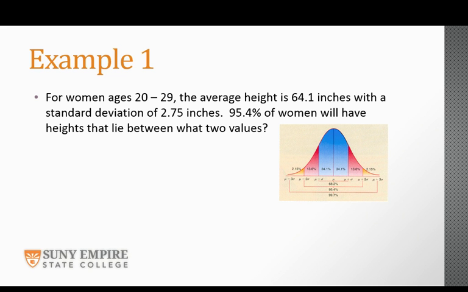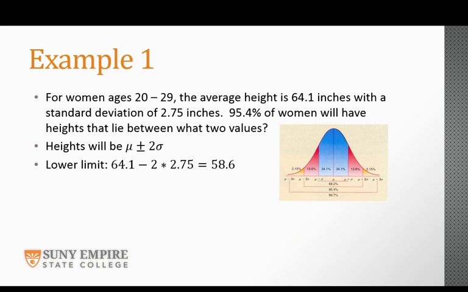We recall that we saw that percentage under the graph. In fact, it turns out that 95% of the area under the normal curve lies between the x values that are 2 standard deviations above or below the mean. First, let's find the lower limit, which is the mean minus 2 multiplied by the standard deviation.